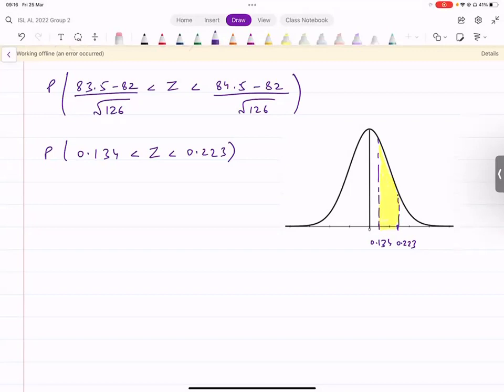ठीक है? तो हम क्या कर सकते हैं? We can say it's the same thing as saying 0.223 के लेफ्ट साइड वाला एरिया, उसमें से माइनस कर दें 0.134 के लेफ्ट साइड वाला एरिया.